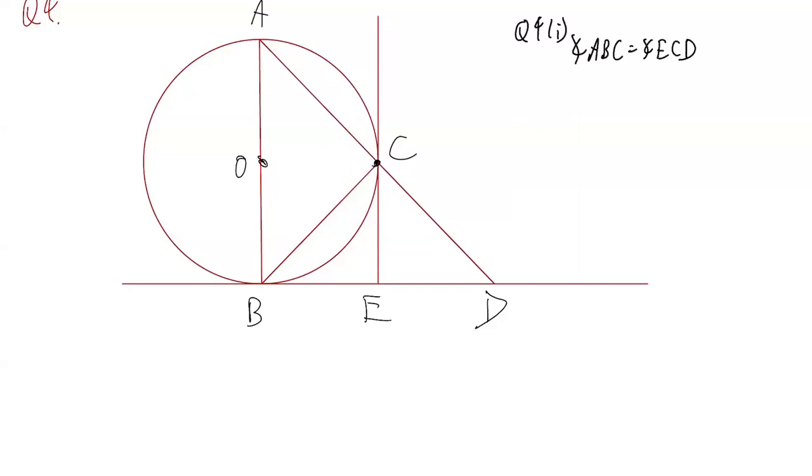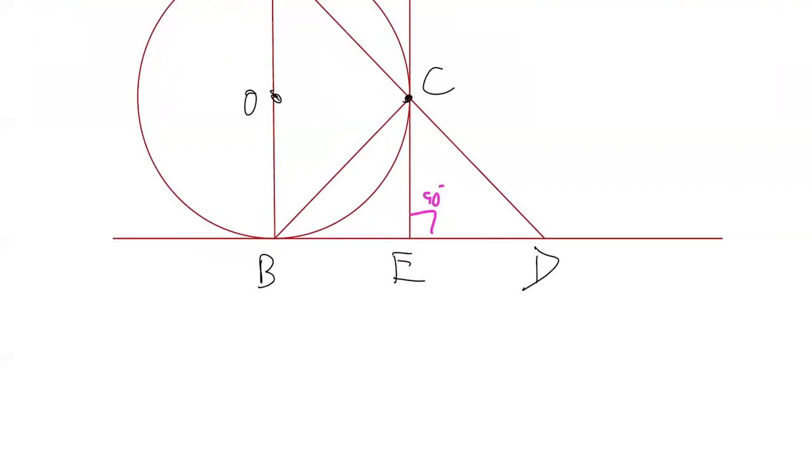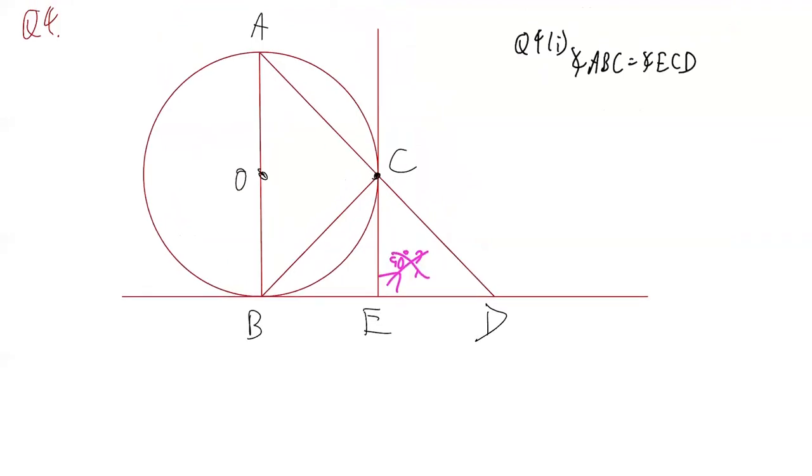Now, you made the assumption that which angle was 90 degrees again? CED. Oh, the other one, sorry. Yeah, you don't need to assume it's 90 degrees. Let me show you how to do it.